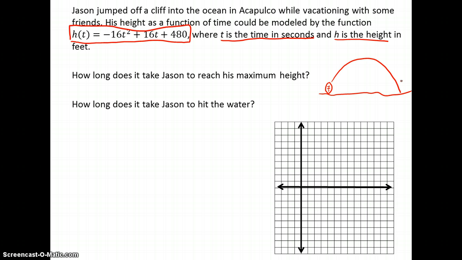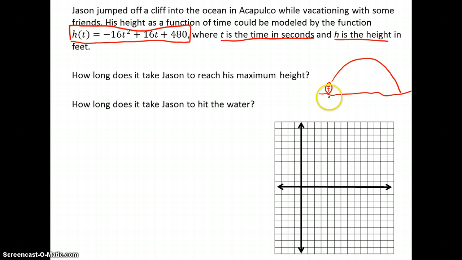Jason's jumping off of a cliff, he's not on the ground like the football is, or you might be on a building shooting something off, or even standing and throwing something from a height. So how fast you throw it and from what height are going to affect what your overall equation looks like in the end.